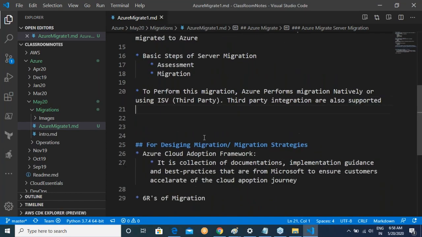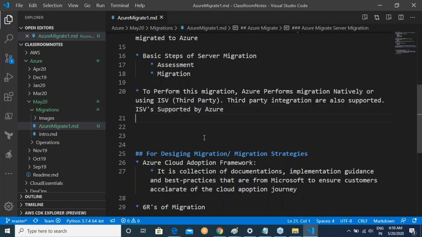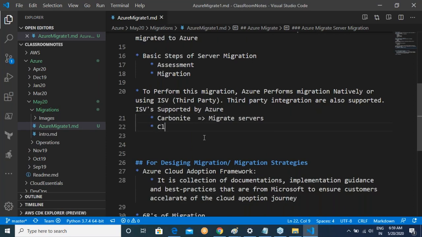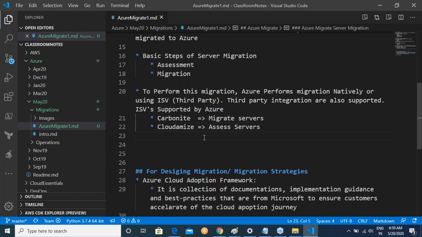ISVs supported by Azure. The first one is Carbonite, using which you can migrate servers. There is CloudMIS, using which you can assess servers. There are many third parties.